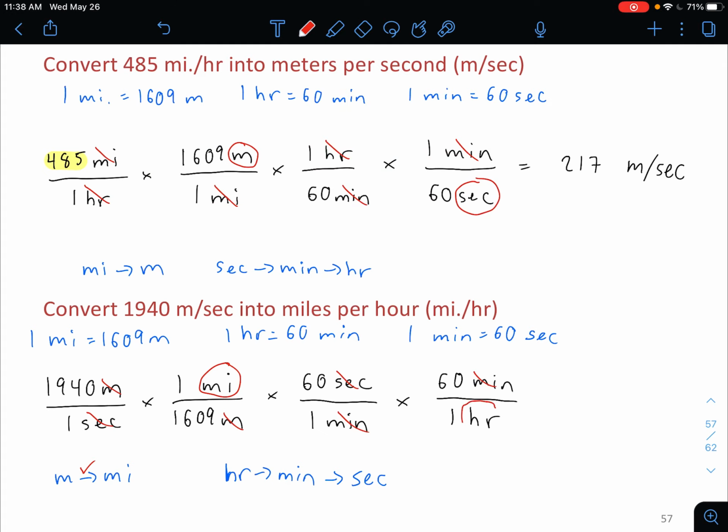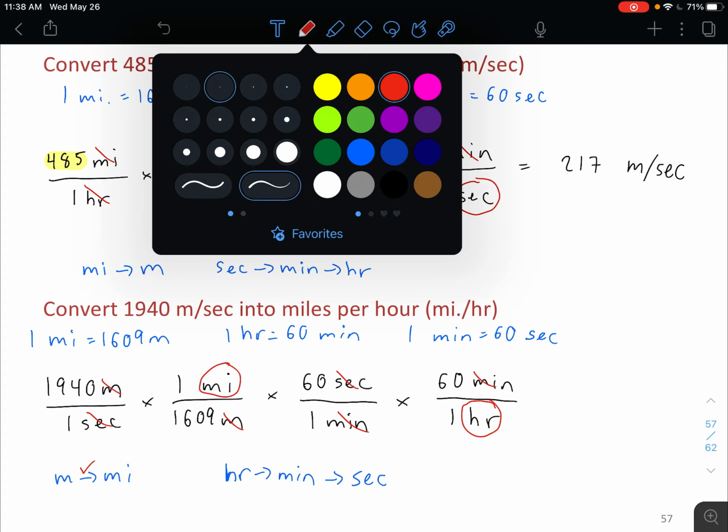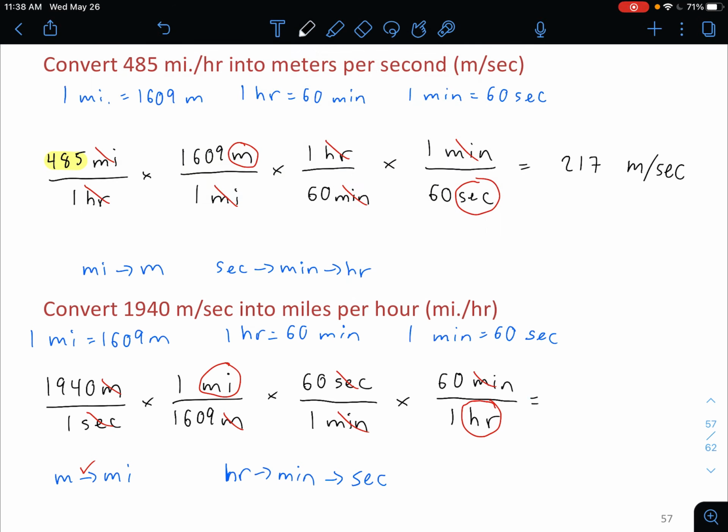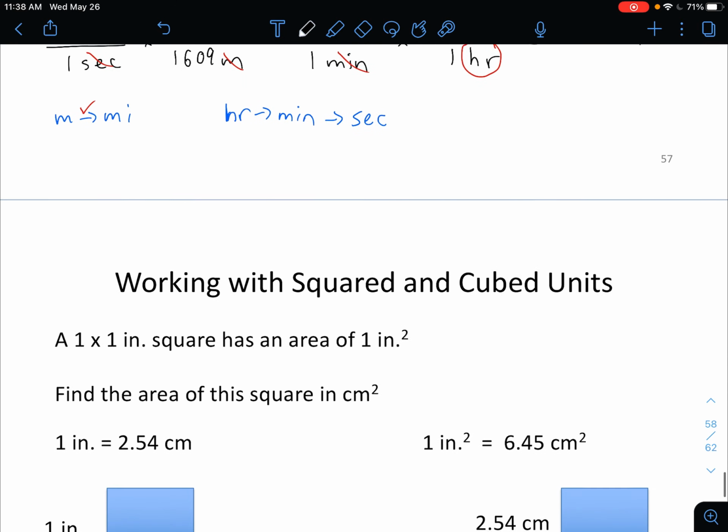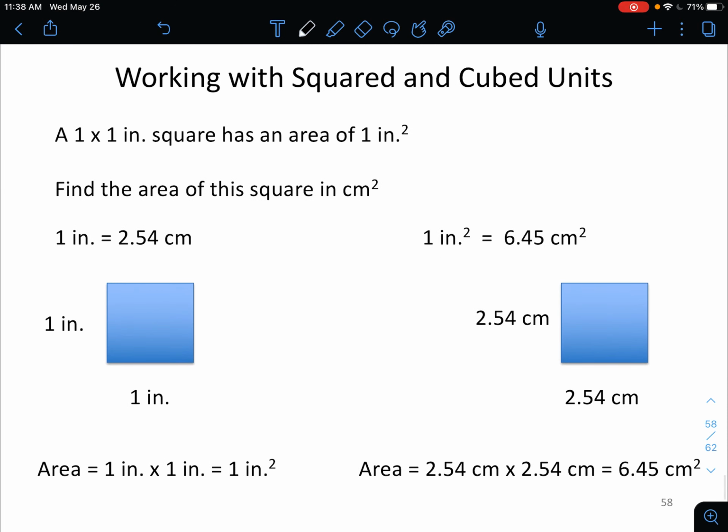That looks good because minutes cancel minutes and we're left with hours, so we're in miles per hour. Let's multiply that out. We're going to report our answer to 3 significant figures like 1940 had. 4340.5 something, so we'll call it 4340 miles per hour.